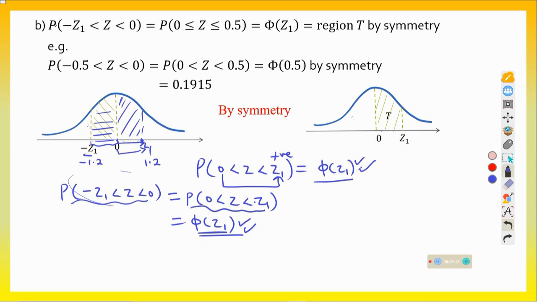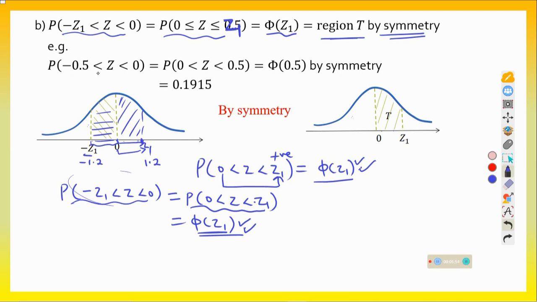So that is what we are saying here: the probability of negative z1 less than z less than 0 is the same as the probability of 0 less than or equal to z less than or equal to z1. You can write this, and this is the same as the table reading of z1, and we obtain that by the property of symmetry.